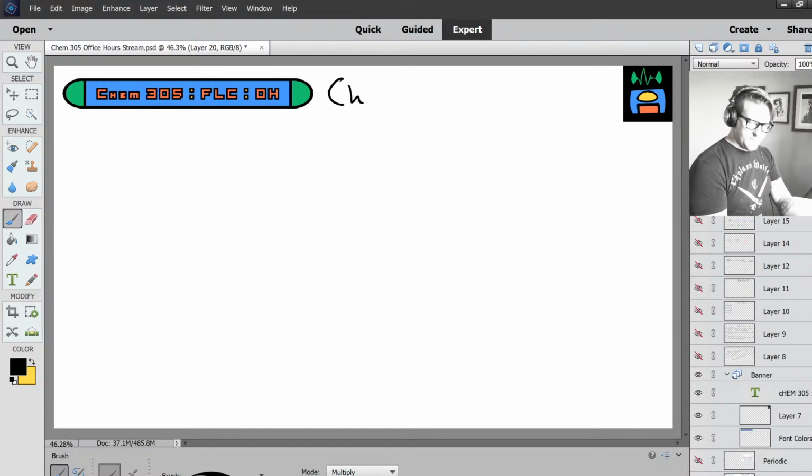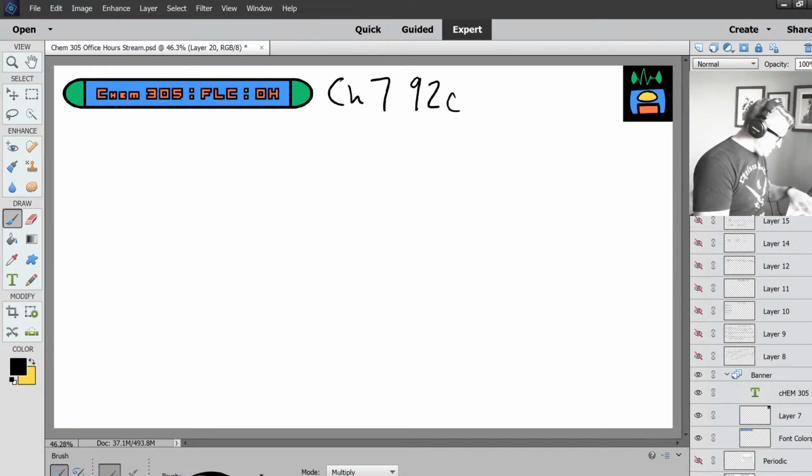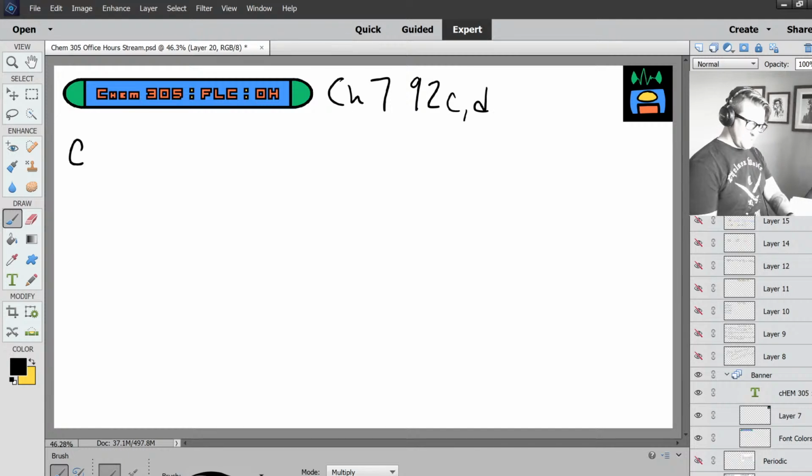This is chapter 7, 92, part C. Indicate whether or not each of the following statements about intermolecular forces, so you have C and D, is true or false.